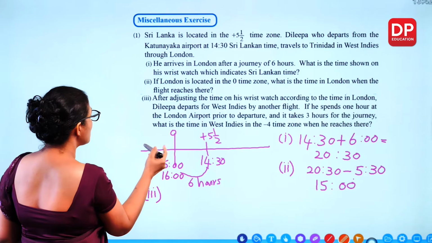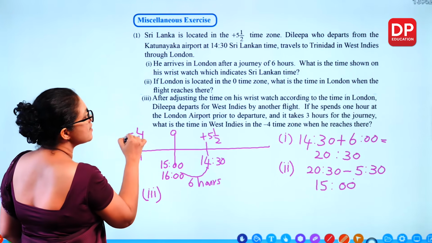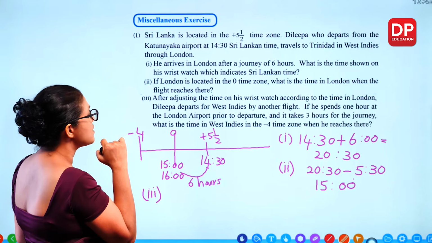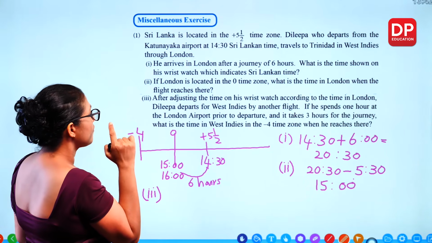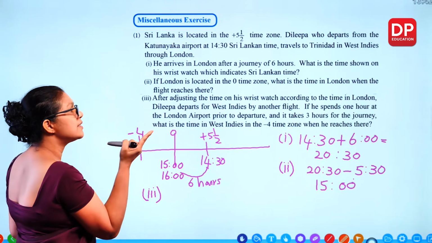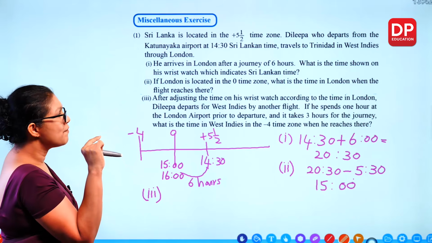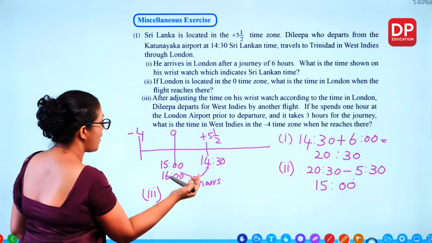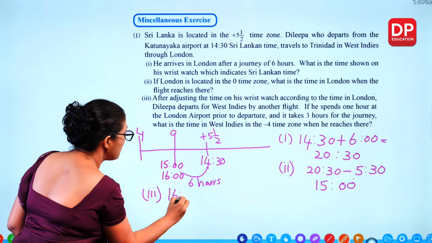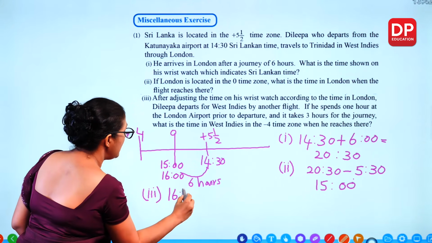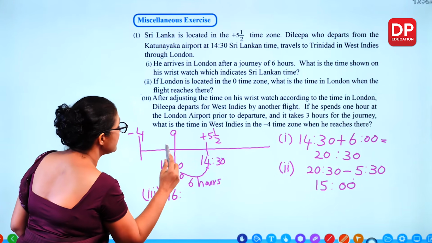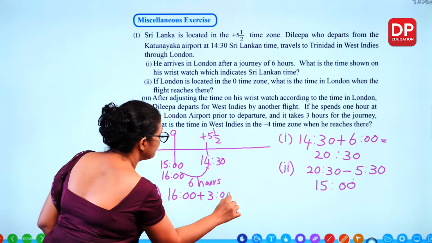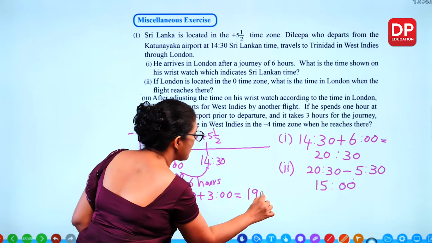West Indies is in the -4 time zone when he reaches there. So 3 hours is the flight time. So 16 is the departing time. So what's the time in Greenwich, in London? 16 plus 3, that's 19 hours.